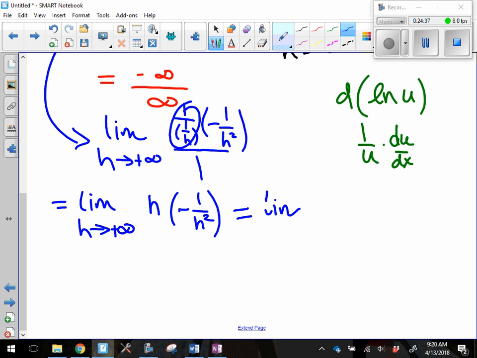So that's going to give me the limit as h goes to positive infinity of what? Negative 1 over h, and I come to a limit, and what do I do? Substitute in, and what's 1 over infinity? 0.